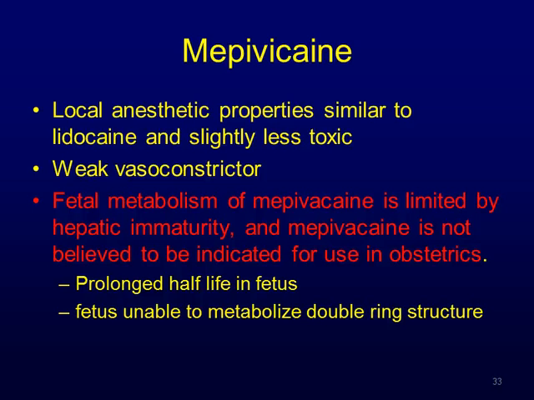There's a ring structure on a couple of local anesthetics, but for Carbocaine, for some reason, the fetus cannot break down this particular double ring structure. And so it gets caught in the fetus, and now you have a depressed fetus. So because of liver immaturity in the fetus, that is a contraindication to the use of Carbocaine on the OB deck.